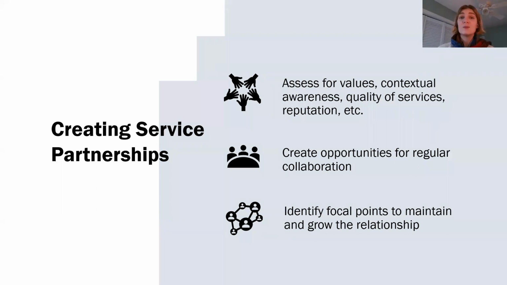And then what we're looking at is trying to create a relationship with those other service providers. So creating opportunities for regular collaboration that may look like advocacy or project development or other community connections that we could be involved in. And sometimes this can look like identifying focal points across organizations to maintain and grow relationships, because we know there is lots of turnover in this work, but we want to have that continuity of services.